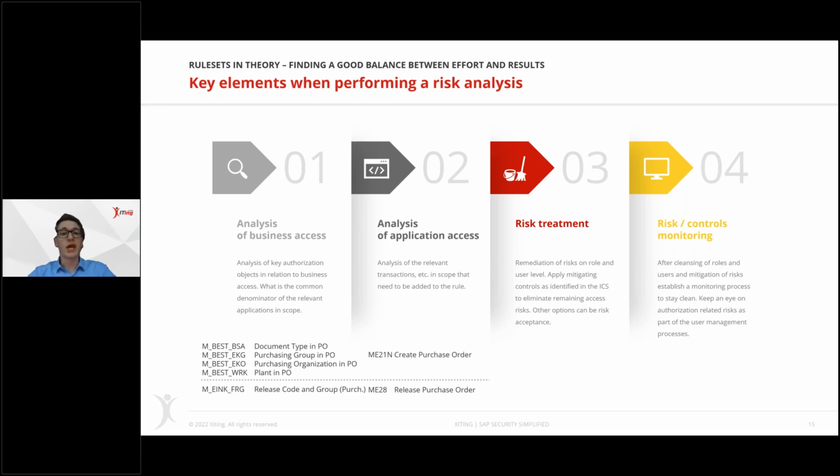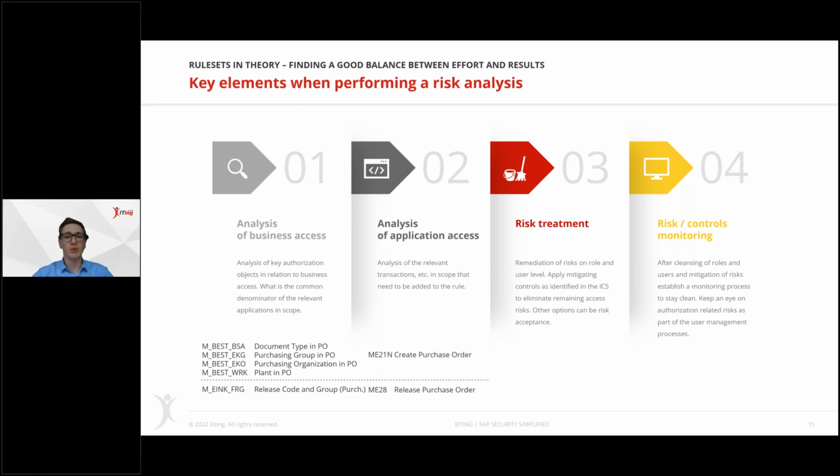And afterwards, it's again about the risk treatment. So first, starting with the remediation on the role level, because it will have an exponential effect also on the user level. So remediating probably all the findings if you can on role level, and then looking at the user level.